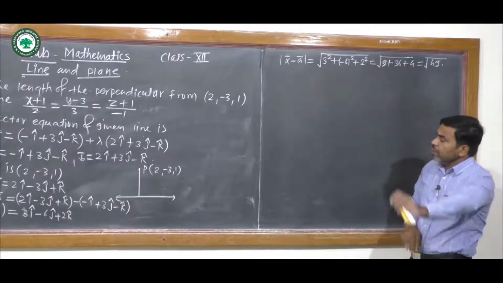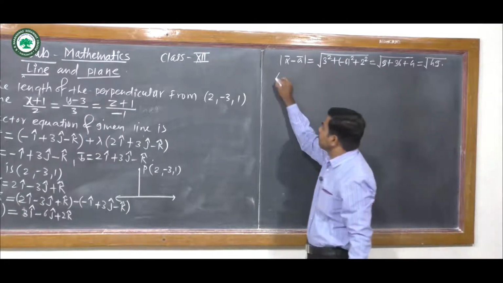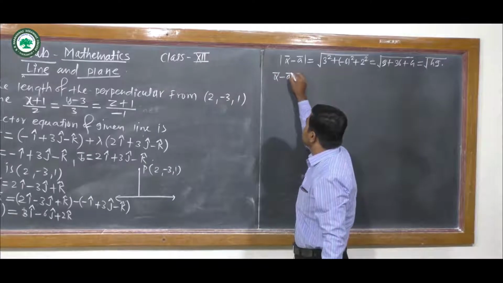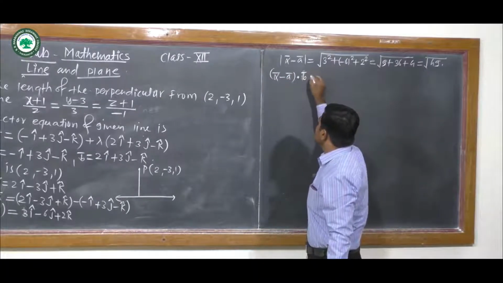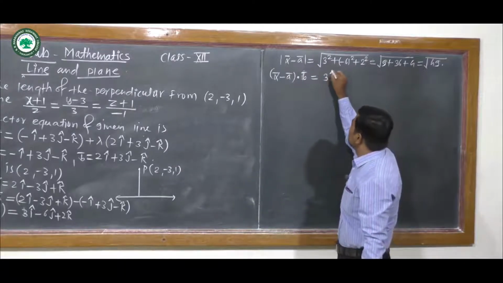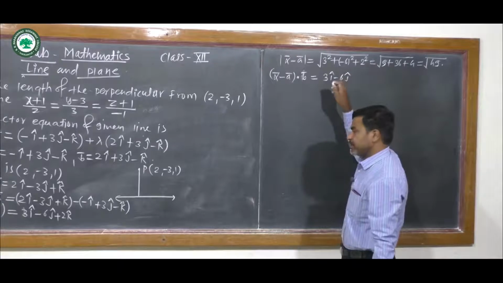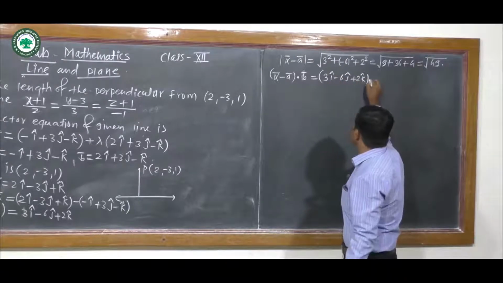Also here we require alpha bar minus A bar dot with B bar. Now alpha bar minus A bar is 3i cap minus 6j cap plus 2k cap, dot with B bar.